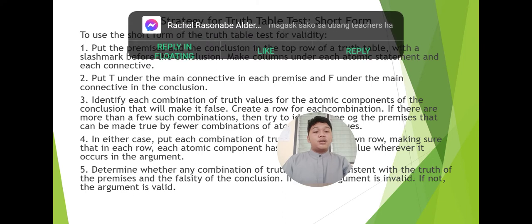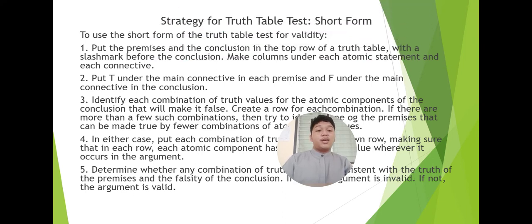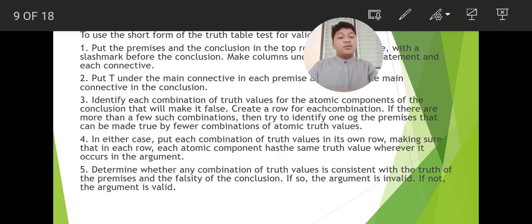Identify each combination of truth values for the atomic components of the conclusion that will make it false. Create a row for each combination, putting each combination of truth values in its own row, making sure that within each row, each atomic component has the same truth value wherever it occurs in the argument. If that is so, the argument is invalid, and if not, the argument is valid.